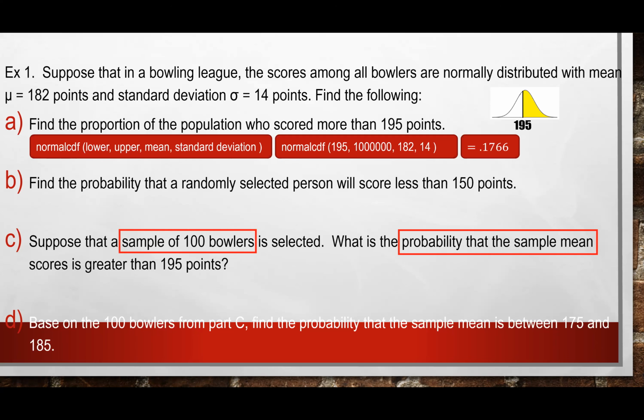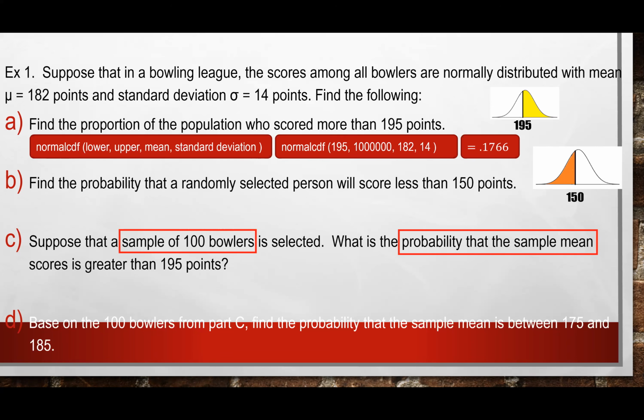And B is the same, right? They ask you for the probability of this item. As long as they don't mention anything about a sample, we deal with the population. If they mention something about a sample, we deal with a sample. So in this case, we still have our mean as 182 and our standard deviation is still 14. Now they ask us for the score less than 150, which is anything to the left of 150.